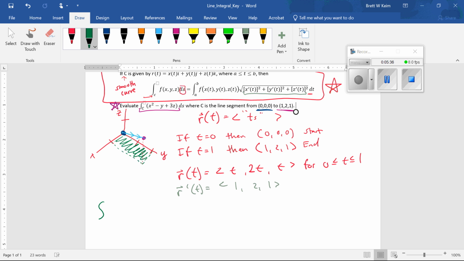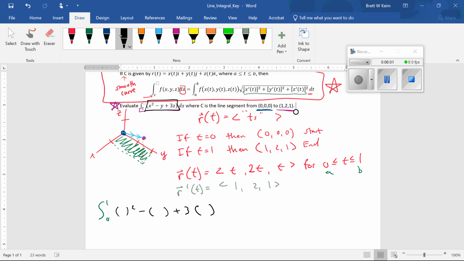And I feel like I'm ready to plug in to my integral. Well, it's supposed to be from a to b. Well, a and b are my time constraints, so that's 0 to 1. That's not terrible. Then I plug in f. Well, f is this thing right now. So that is something squared minus something plus 3 times something.